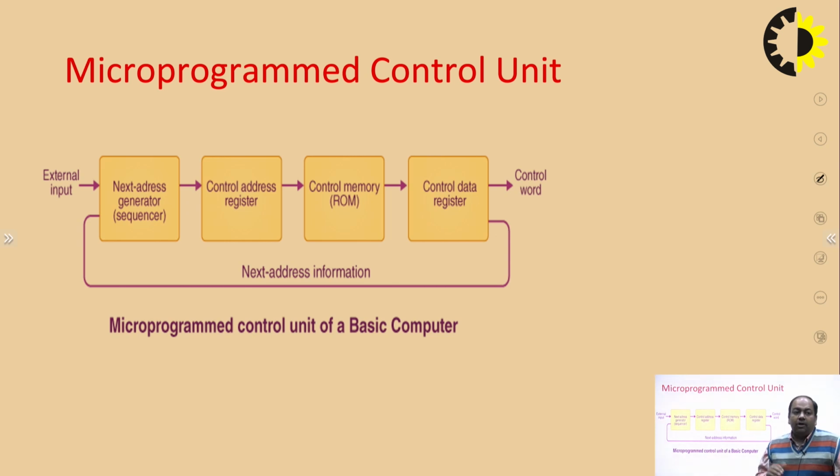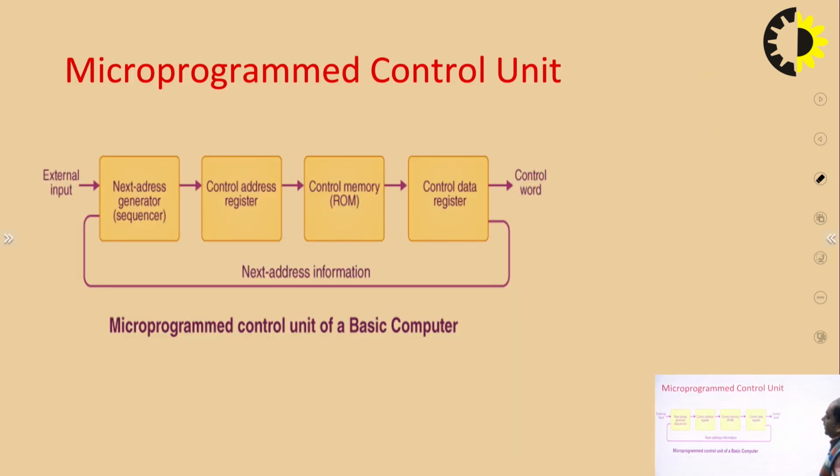The control word is basically a 14-bit word which consists of 3 fields, which we call F1, F2 and F3, and the last 5 bits for the operation. When the next instruction comes, the next address generator generates a sequence, which again goes to the control address register, then control memory, then control data register, and creates a control word. In the same way, the microprogram control unit of a basic computer works.